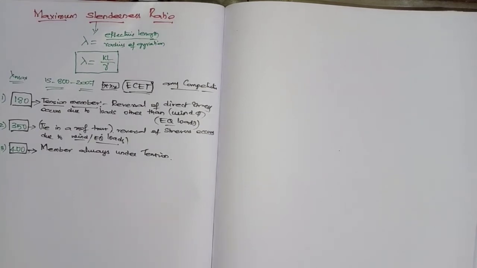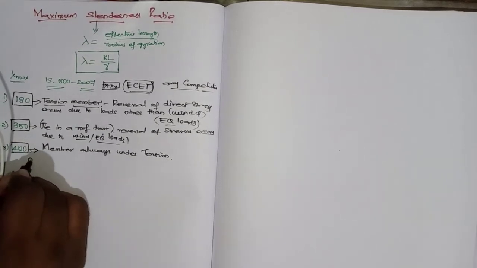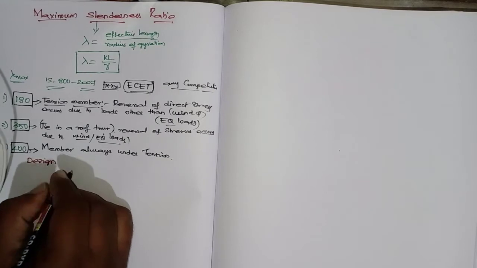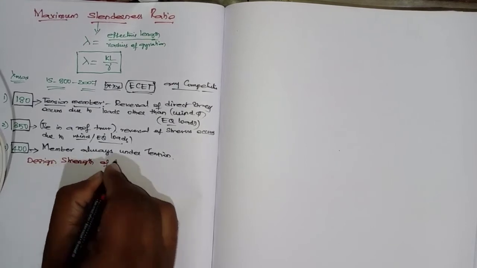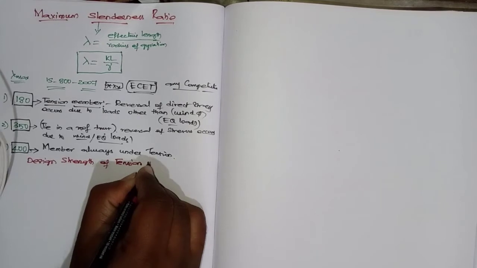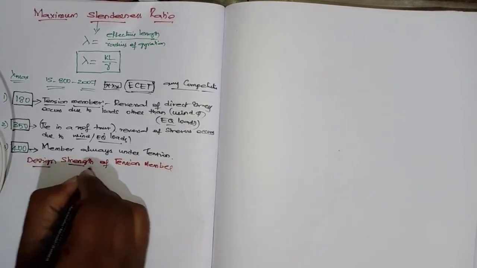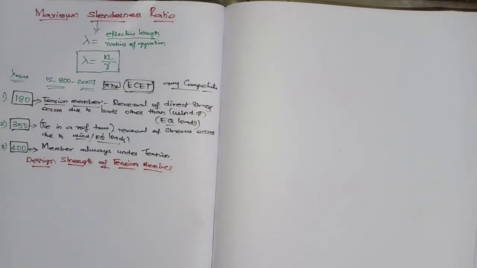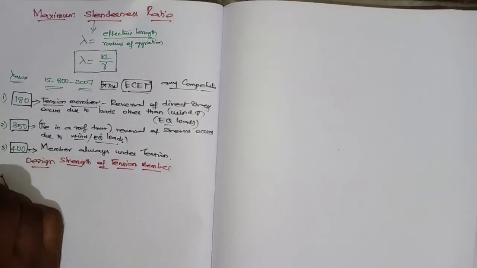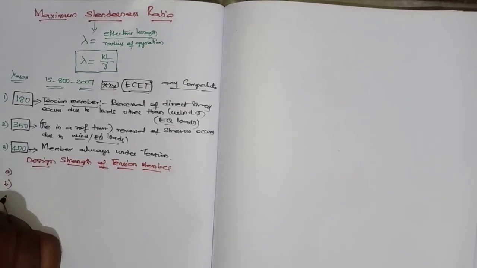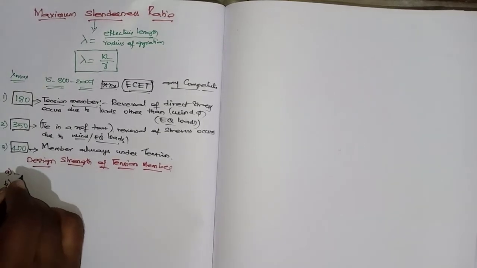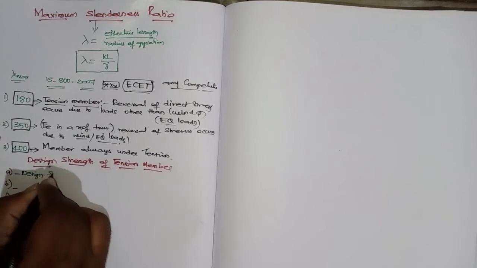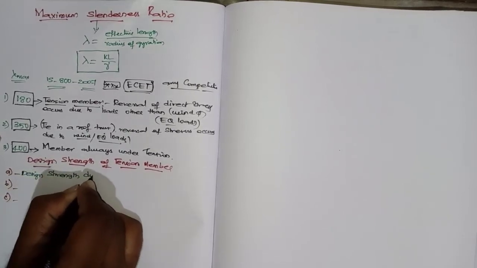Next, as I said to you earlier, the design strength of a tension member, the maximum loading capacity, can be obtained from these three values, A, B and C. Now, how will you decide? The design strength is due to what?